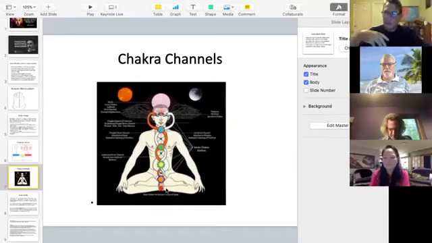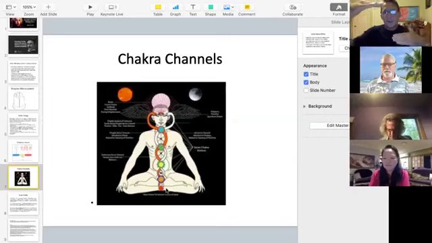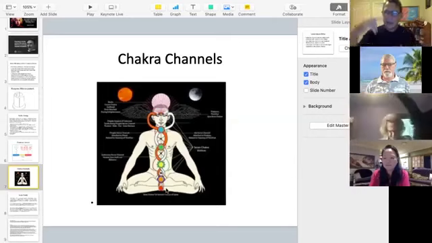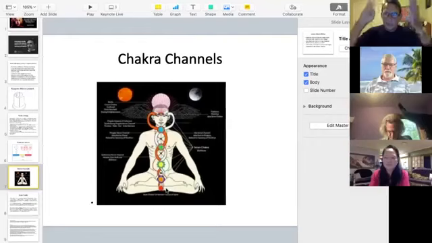One represents logical functionality, another more creative. One is more male, one is more female. But when we can bring our energies back into unison, where we have heart and mind resonating together on the same frequency, then the two hemispheres will come into balance.